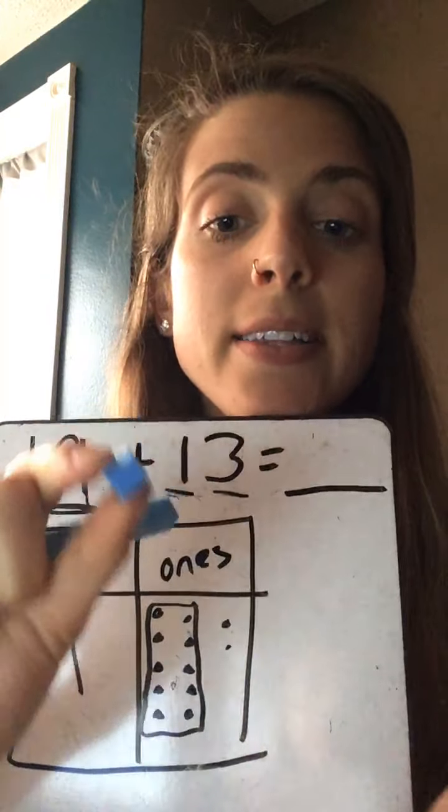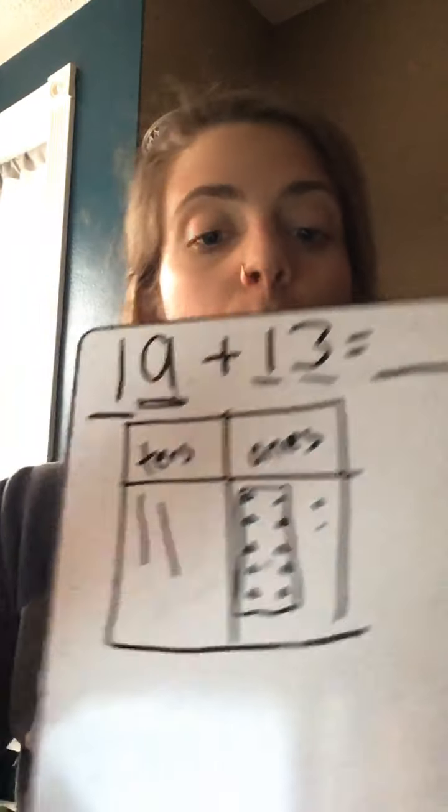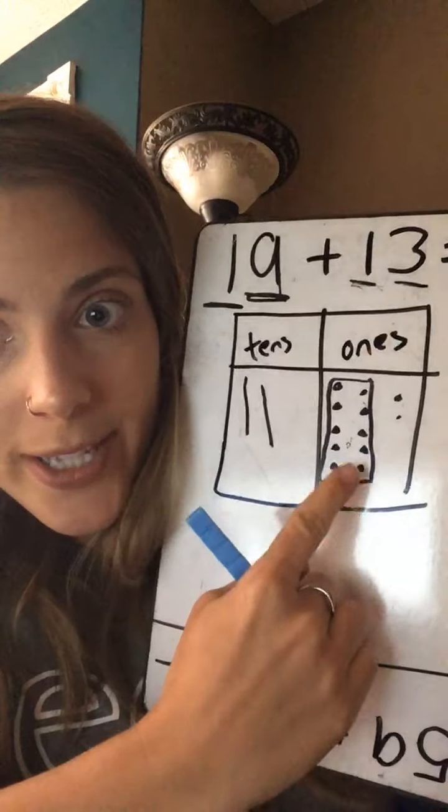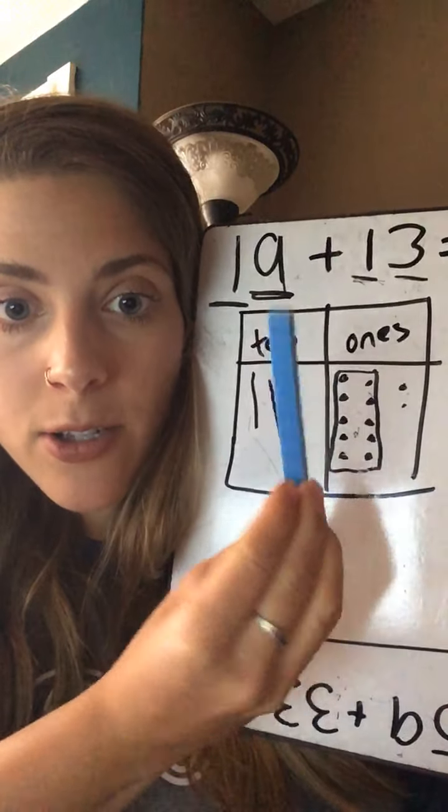So 10 ones, if I have 10 of these, is the same as 1 ten. So once we have 10 in our ones place, we have 10 ones the same as 1 ten. See how there's 10 in there?